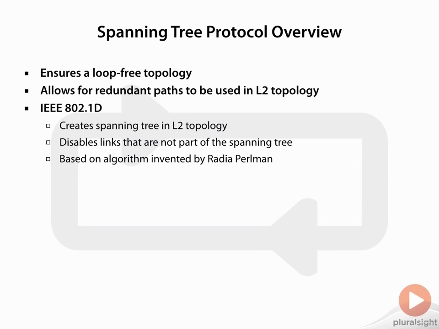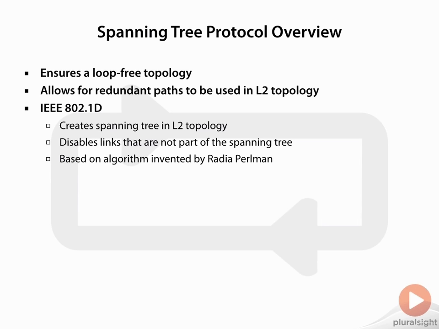The protocol that we run currently is the IEEE 802.1D spanning tree protocol. This is what's on by default on your Cisco switches, and it creates a spanning tree in the layer 2 topology, and any links that are not part of that spanning tree are going to be disabled.